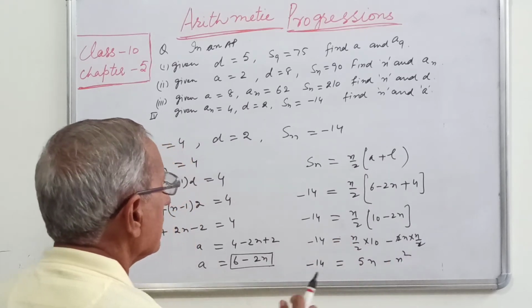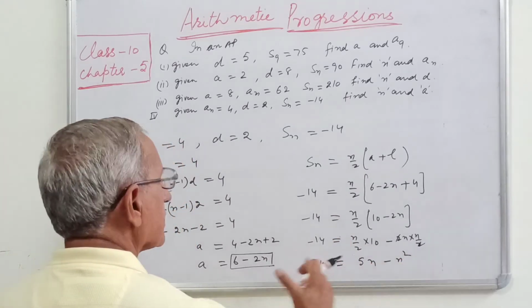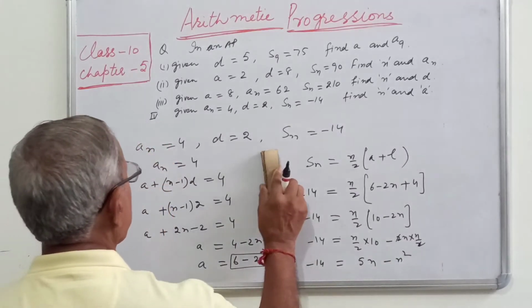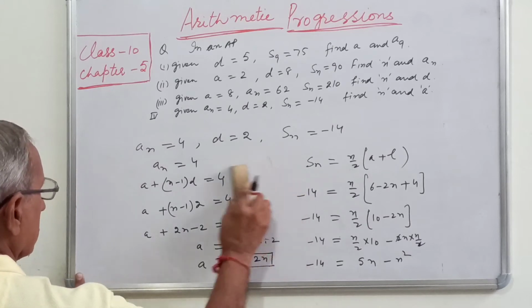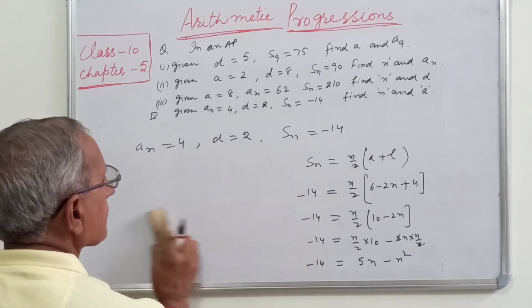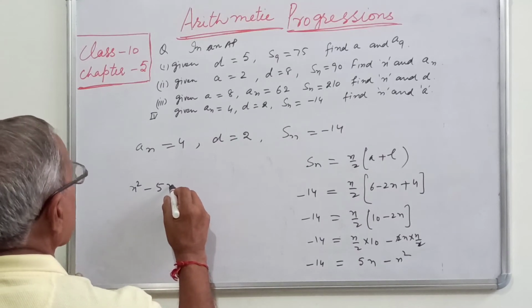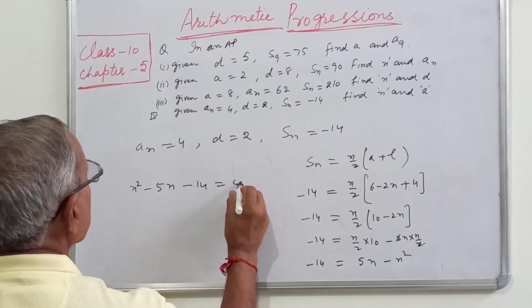अब हम इनको इस तरफ ले आते हैं क्योंकि n स्क्वायर माइनस में तो इधर आके हो जाएगा पॉजिटिव. So n square minus 5n minus 14 is equal to 0.